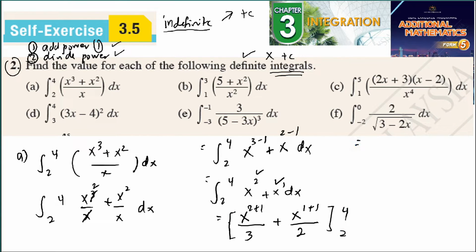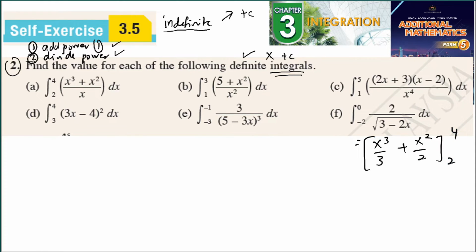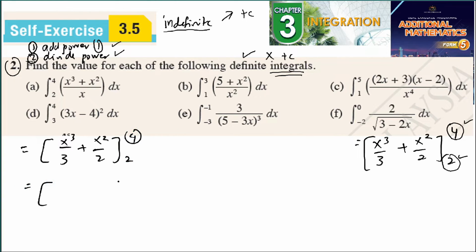So it would become x cubed over 3 plus x squared over 2, from 2 to 4. Now what we do is we substitute. We see here we have 4, we have 2, right? First we substitute x with 4, and then we minus what we get when we substitute with 2. So x cubed over 3 plus x squared over 2, we substitute everything here with 4.